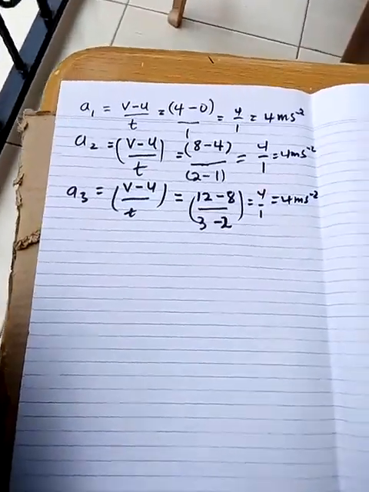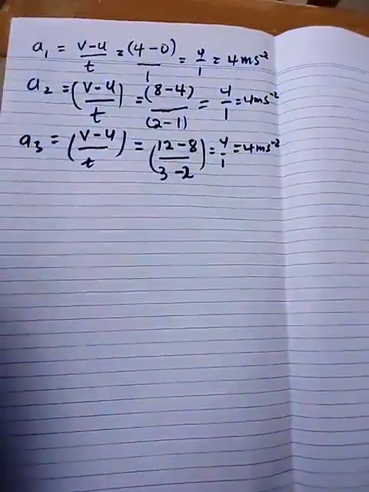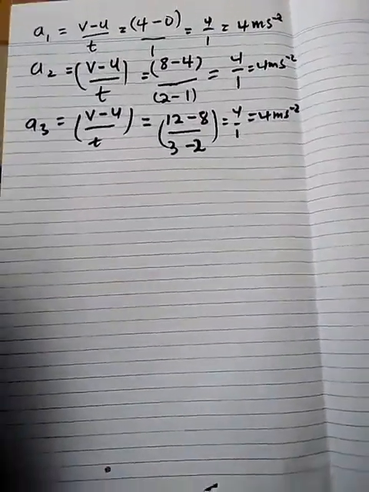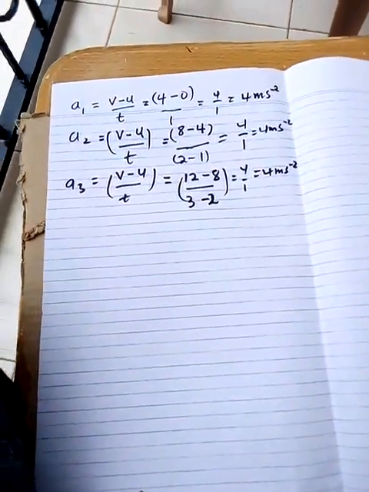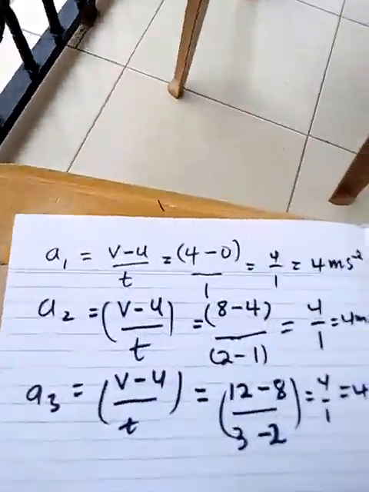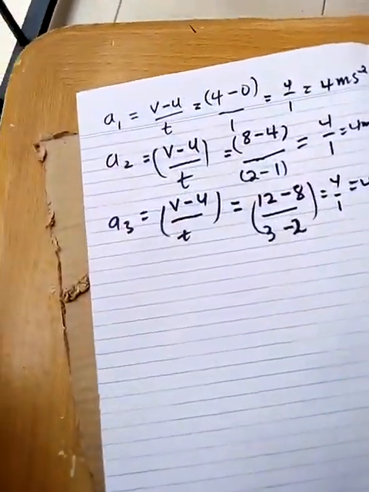It is 4 meters per second squared, 4 meters per second squared, 4 meters per second squared. For that matter, I think we can even plot a graph of acceleration against time. Uniform acceleration against time.